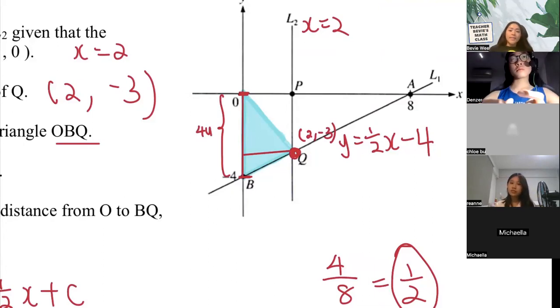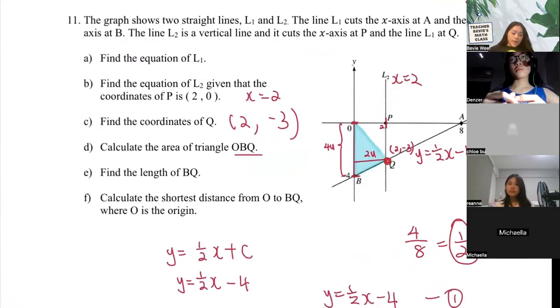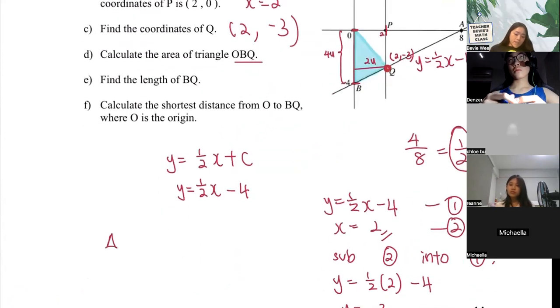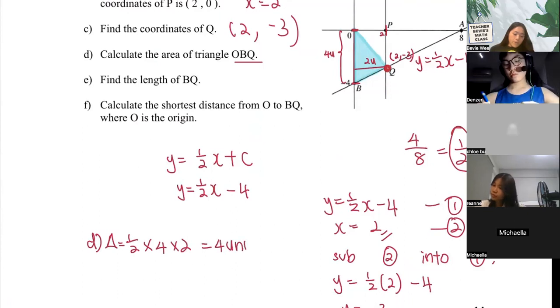My height is how much? From 0 to 2, isn't it 2 units? Correct. So my area of triangle is just half times base times height, which gives me 4 units squared.